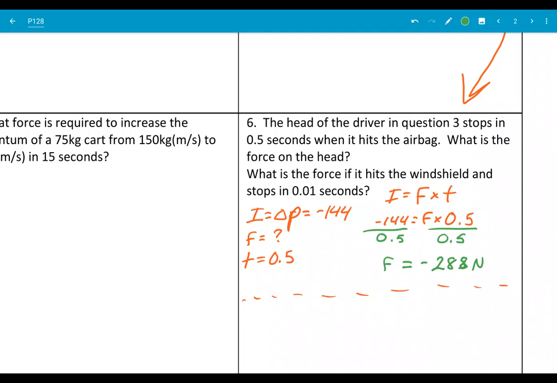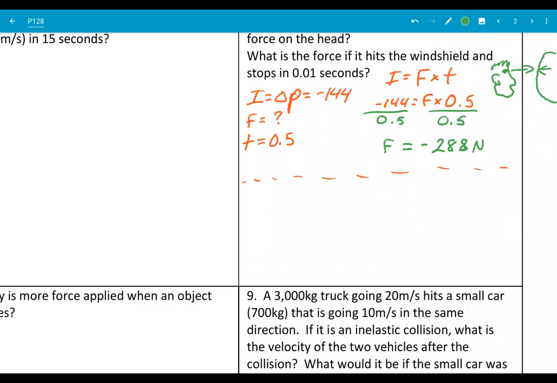Okay? Which means, like, you know, the person's head, this is their head, was moving this way, and the airbag pushed back with the force that way. Okay? All right. Now, so that's a force of 288 newtons.